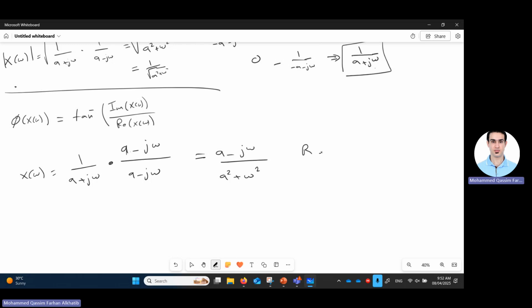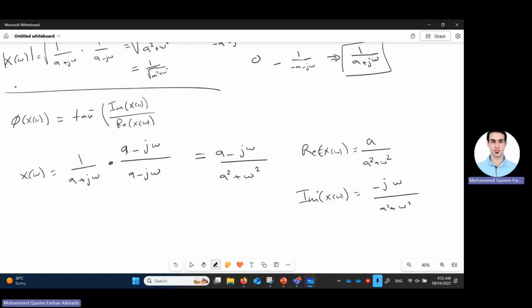So the real part of X of omega will equal a over a square plus omega square. The imaginary part of X of omega equals negative j omega over a square plus omega square.